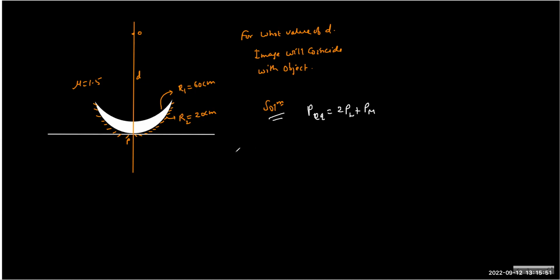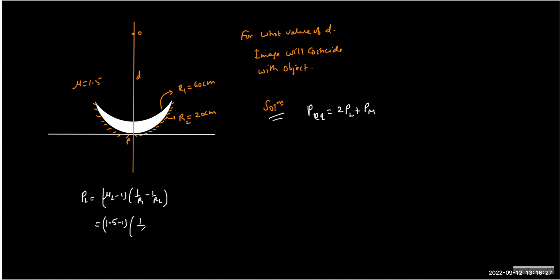So P equivalent we can write as twice of the power of lens, plus the power of mirror. We can do it separately first. The power of lens, we know the formula is mu lens minus 1, because we have to find this in air only, which is 1 by f, the lens maker formula. So this becomes 1.5 minus 1, which is 0.5, times 1 by R1 minus 1 by R2.